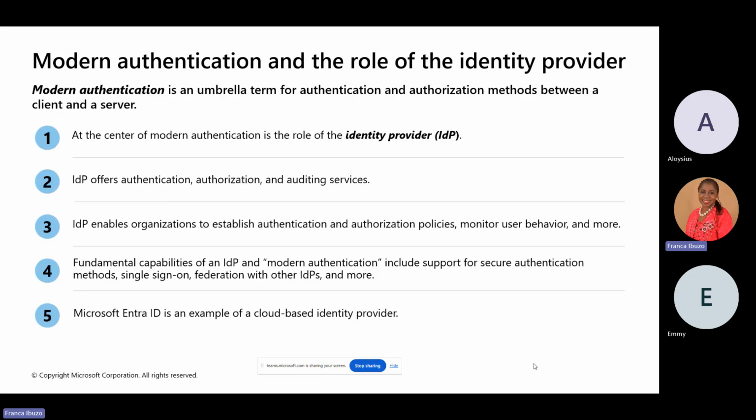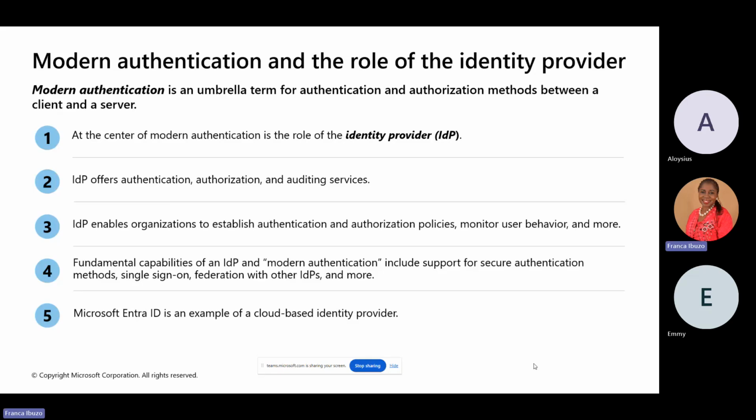We'll go through this in depth as we go on. Fundamental capabilities of an IDP and modern authentication include support for secure authentication methods, single sign-on, federation with other IDPs, and more.